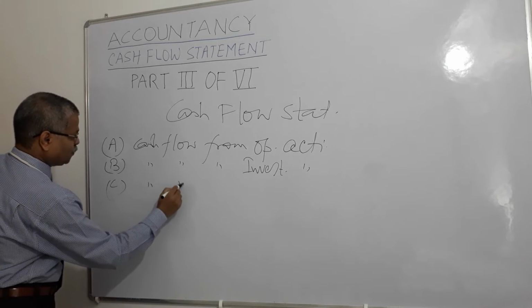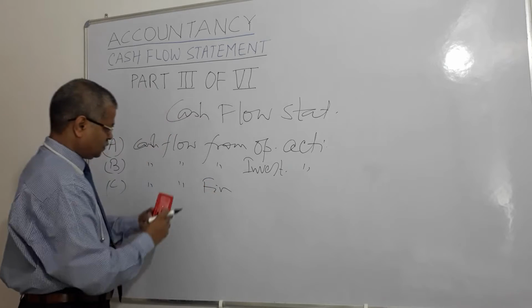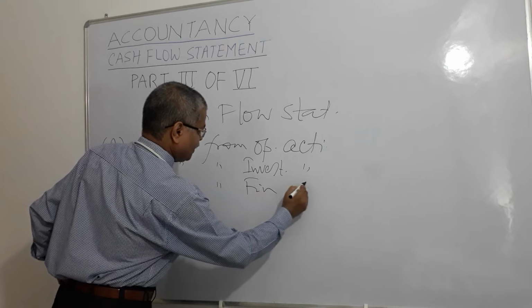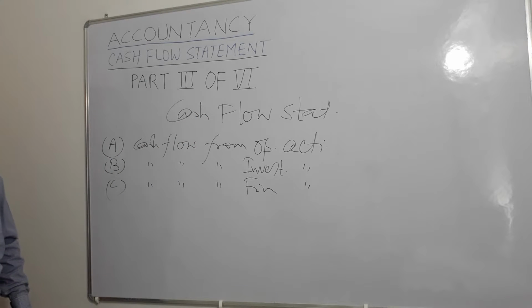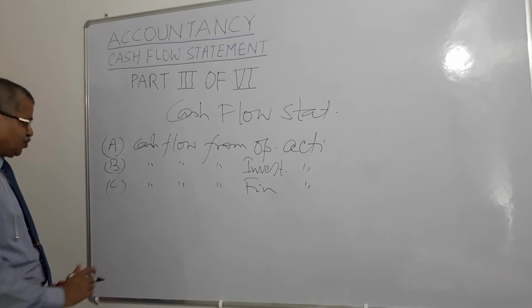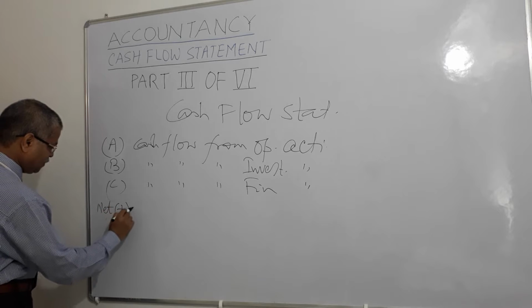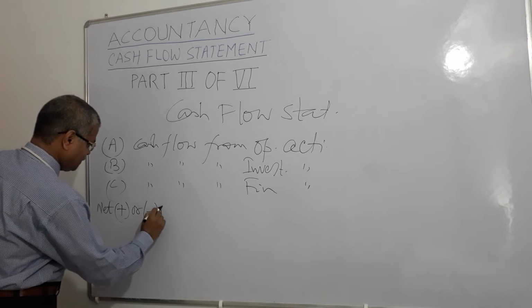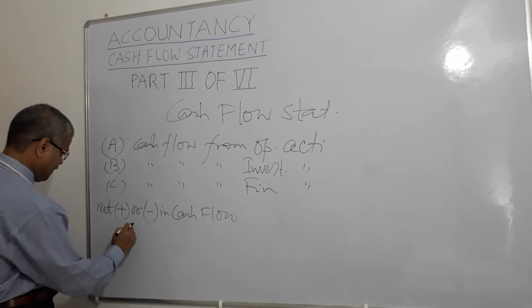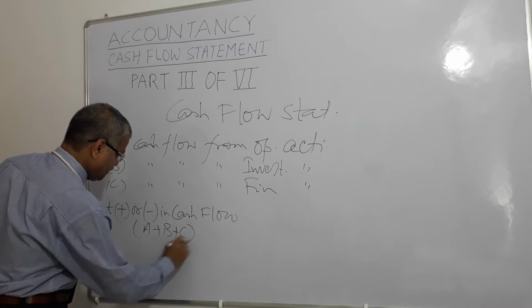Third one is cash flow from financing activities. So what do we get? We get net increase or decrease in cash flow, and this is A plus B plus C.